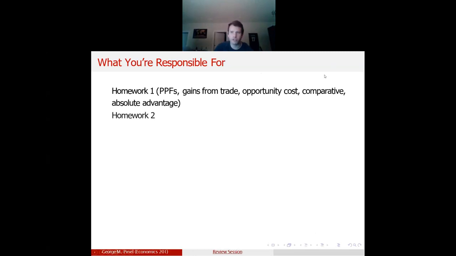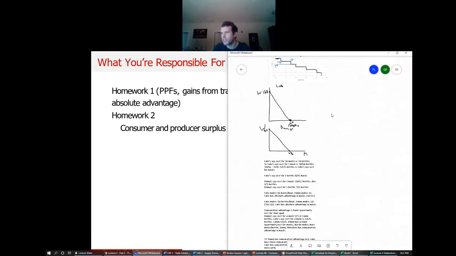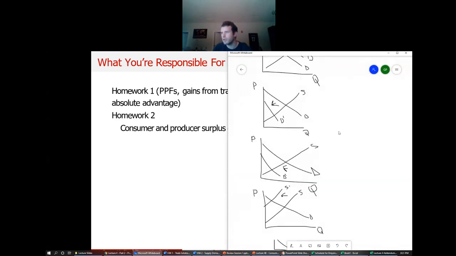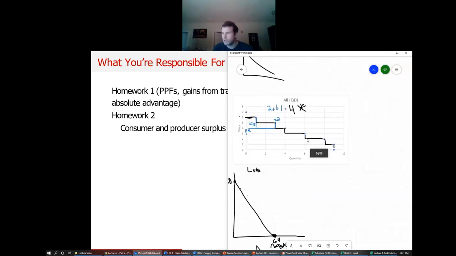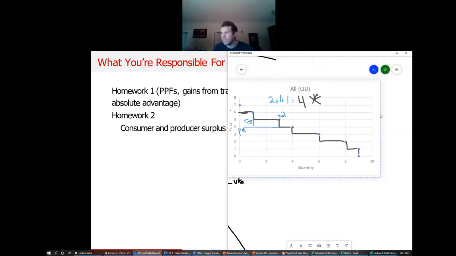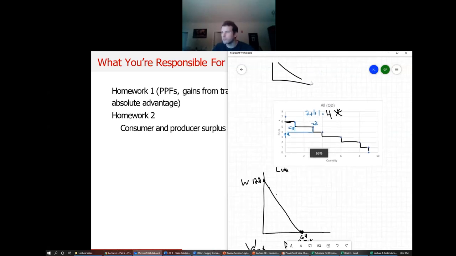Okay. From homework 2, what do you need to know? Consumer and producer surplus. I want you to understand it for both discrete and continuous terms. So in quantitative assignment 2, the discrete one will be like this one here, where we had the graph as a stair stepper when there's only a few people and they were only consuming a few goods.